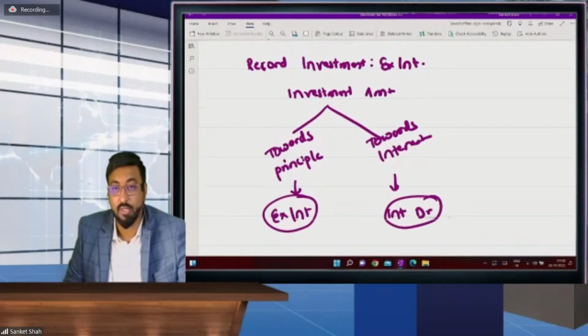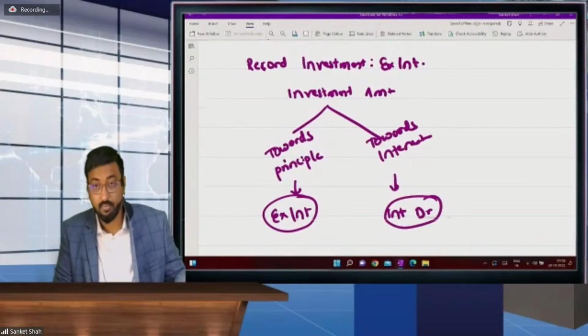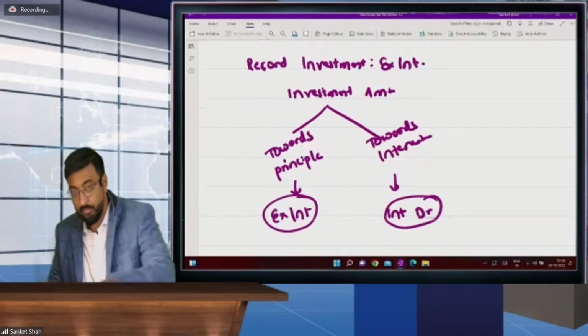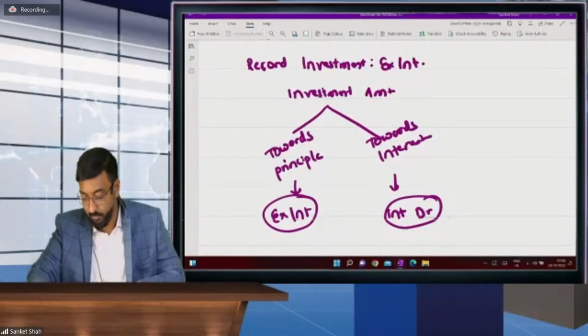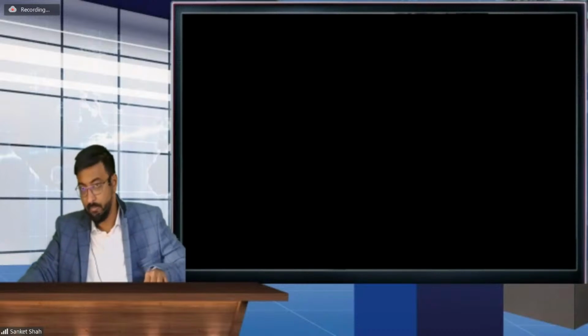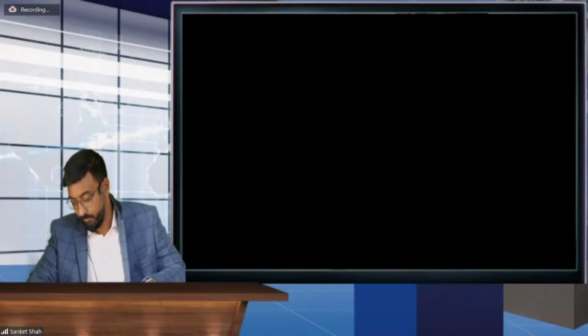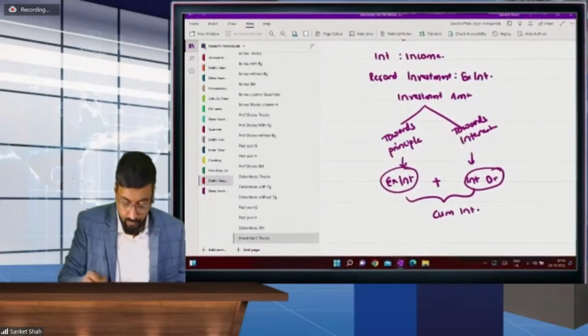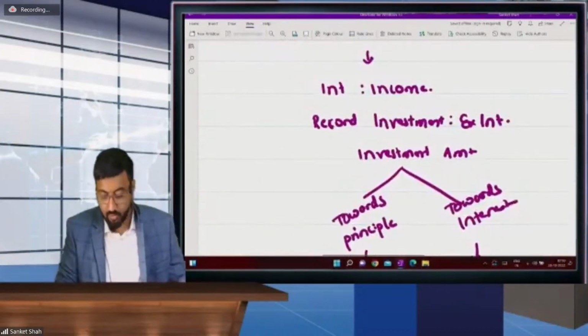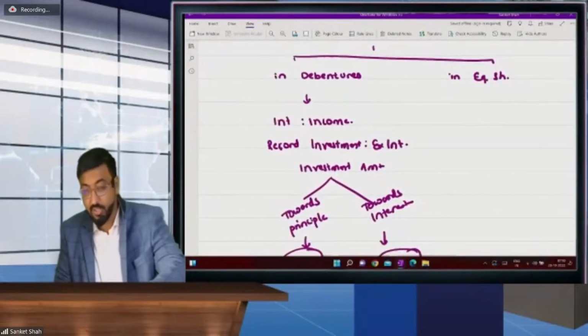Yes, so this is a short revision. Okay. So friends, investment in debentures, you have to divide it in two parts.